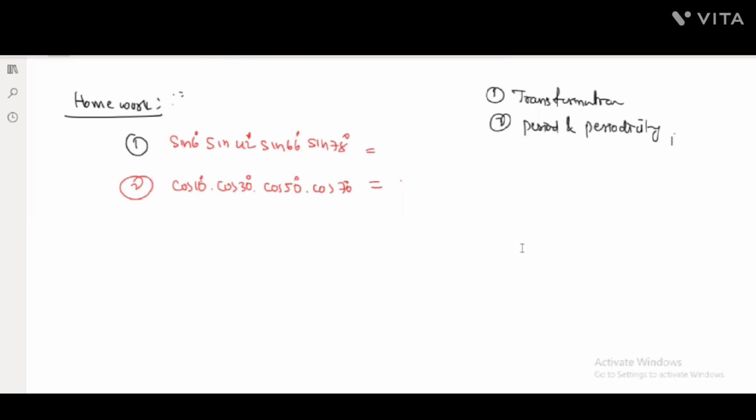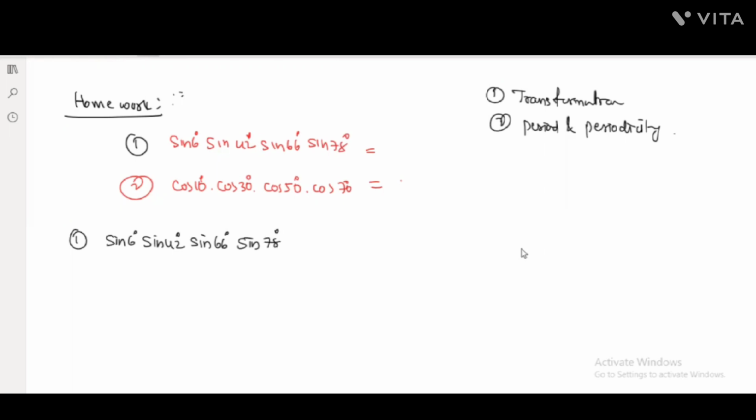The first question is sine 6 degrees, sine 42 degrees, sine 66 degrees, sine 78 degrees.